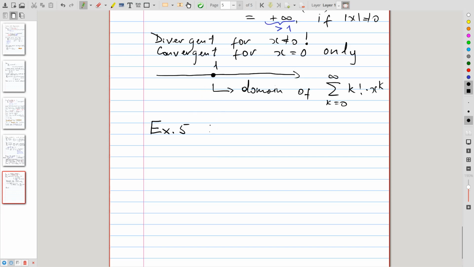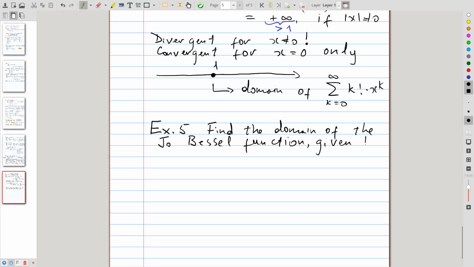So let us find the domain of the J0 Bessel function given by the following series.